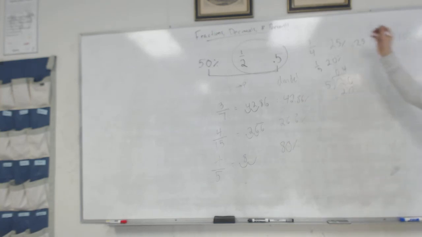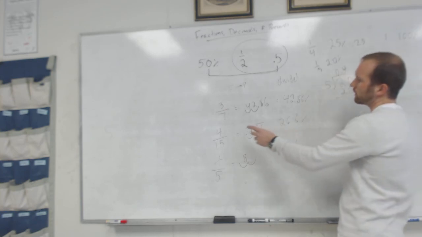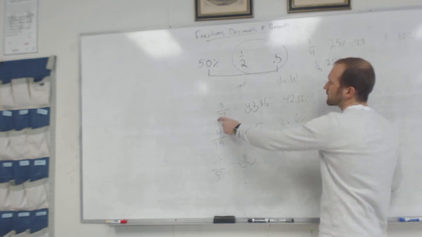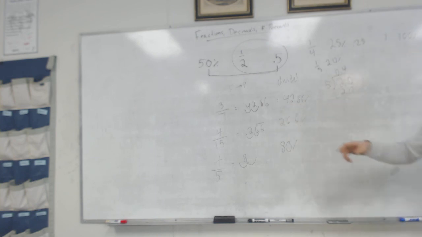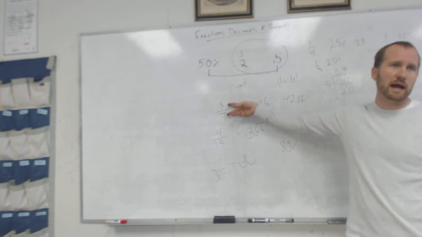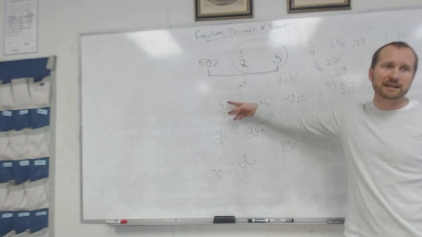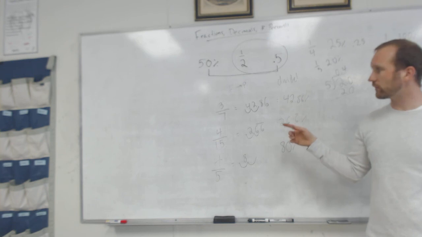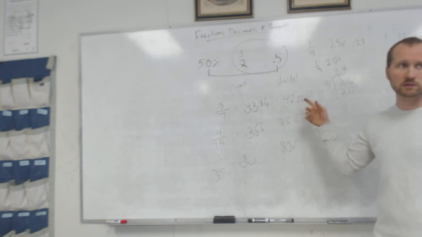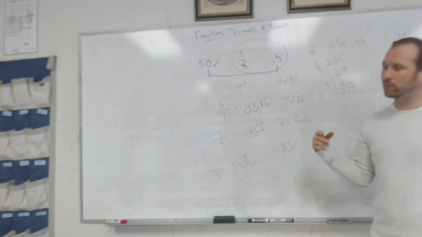So if you have these numbers in the back of your mind, you can use some common sense as you do this, right? We know that 3/7 being 42.8% makes sense because this is really close to a half. 3/6 would be 1/2. So it's really close to a half. And 42% is really close to 50%.